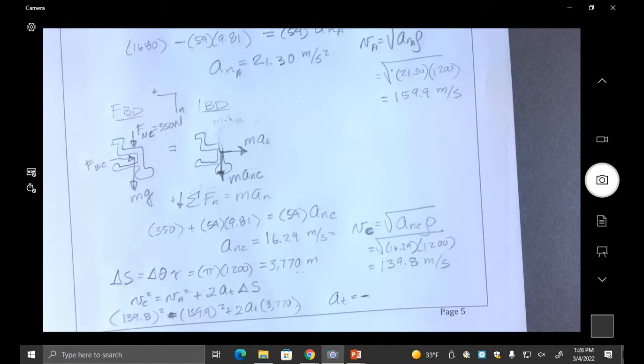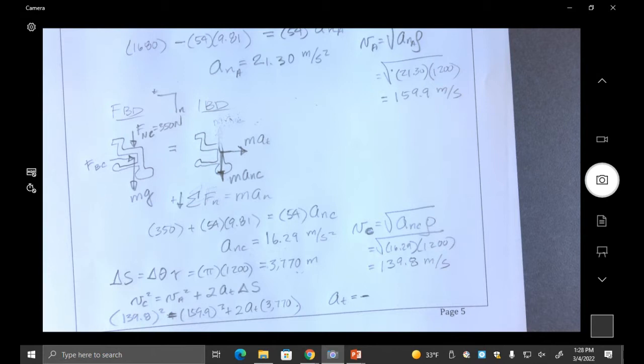So I manipulate my stack here. Square, flip it around. Square. Ooh, that's not good. And I have to enter in my numbers again. 139.8 squared. 159.9 squared.